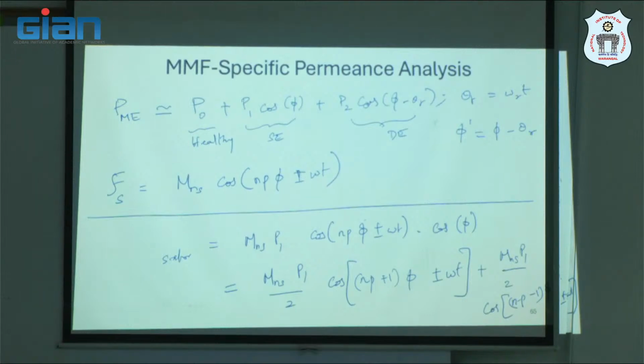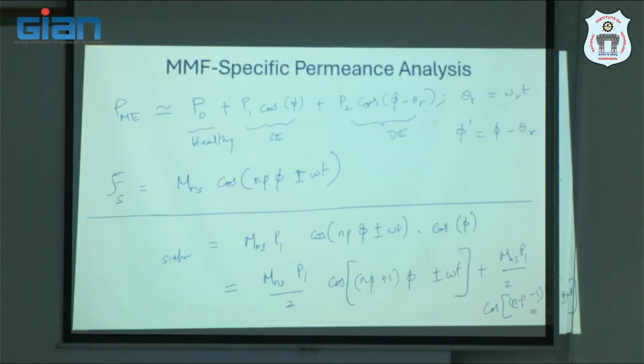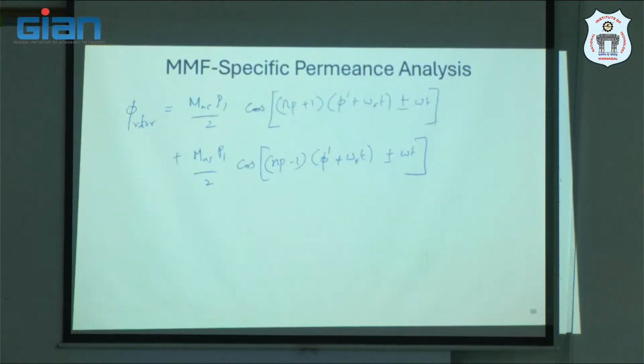So this MMF, when interacting with the air gap permeance, again has to interact with the entire function, but for the sake of time and interest, let us assume that we are looking at the interaction between the dynamic eccentricity component and the air gap flux density. So let us multiply this permeance function with the MMF associated with the rotor flux density.